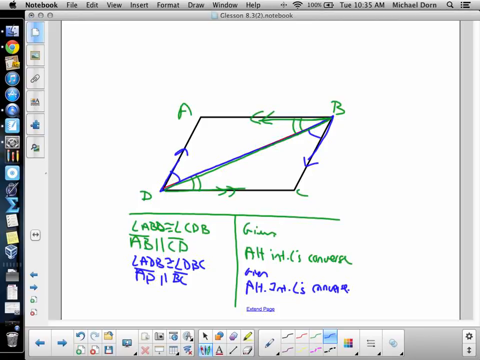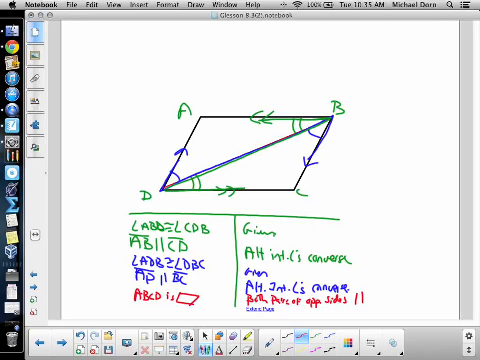And so therefore, ABCD is a parallelogram, both pairs of opposite sides parallel. So two-column format kind of comes back. It's not required to do it that way, and it's not a formal proof, but it kind of helps explain what's going on in a way that you're somewhat familiar with. Yes?